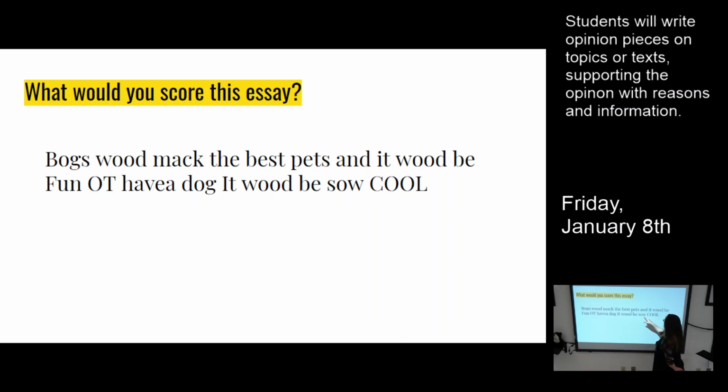It would be so cool." Wrong spelling there. No punctuation. One long run-on sentence. Capitals where we don't need them, or the lack of punctuation. Letters reversed and capitalized when they don't need to be.